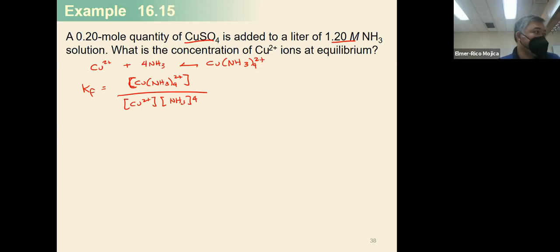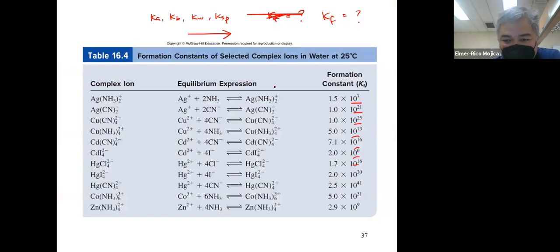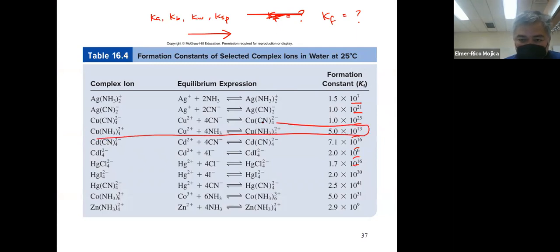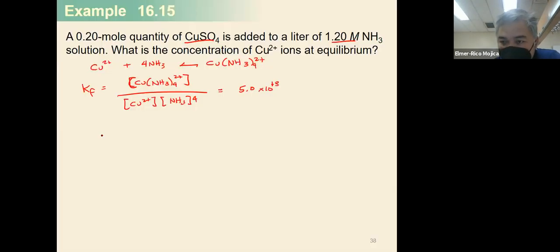And if we're going to look at the Kf value of this one, that would be equal to 5.0 times 10 to the negative 13. No, not negative 13. No, 10 to the 13 as shown here. And then, what do you think is the copper ammonia complex that will form?